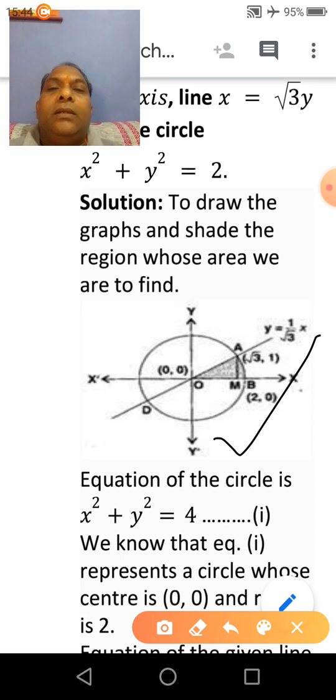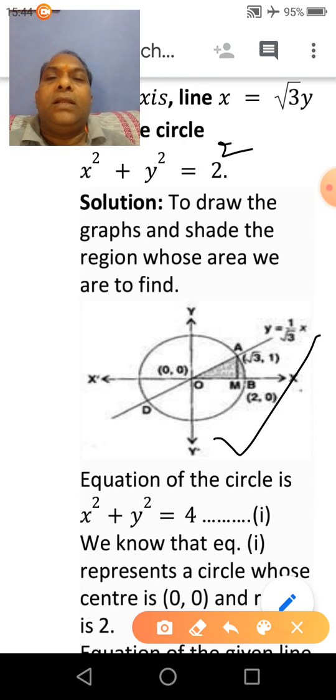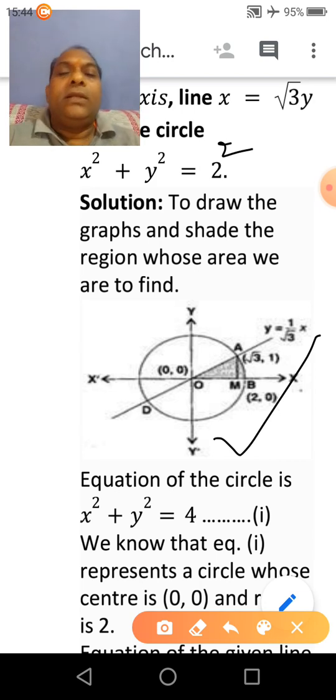Clear? x is equal to root 3 y, then y will be equal to x upon root 3. Equation of circle is x square plus y square is equal to 2 square. Clear? Draw a circle of radius 2 unit and its center is (0, 0).